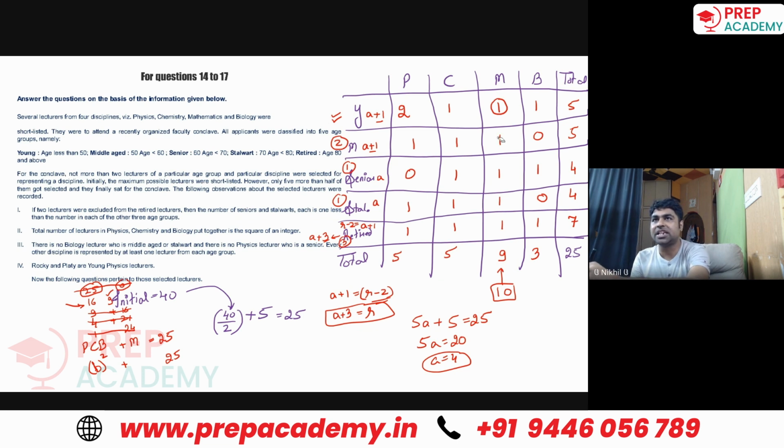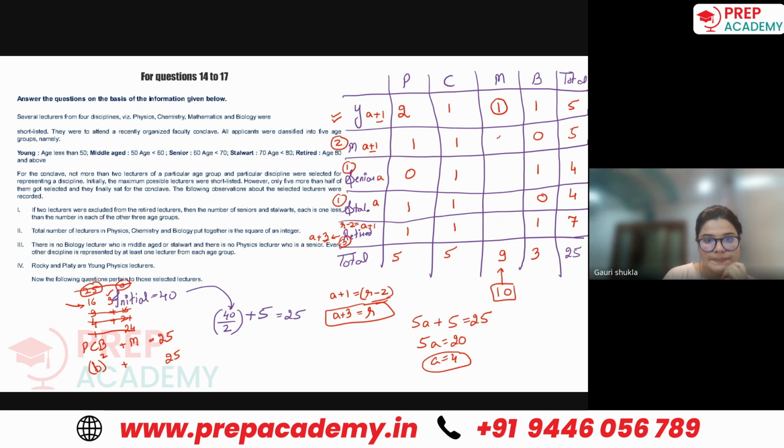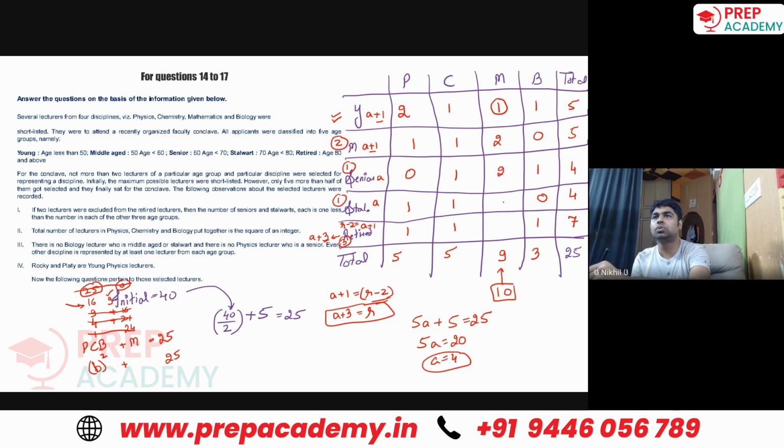So each one of these has to be 2. So 2, 2, 2, and 2, that would make an 8, and this one would make a 9. Now when 1 is gone, senior is already fulfilled and stalwart is already fulfilled. And now middle age will have one space.